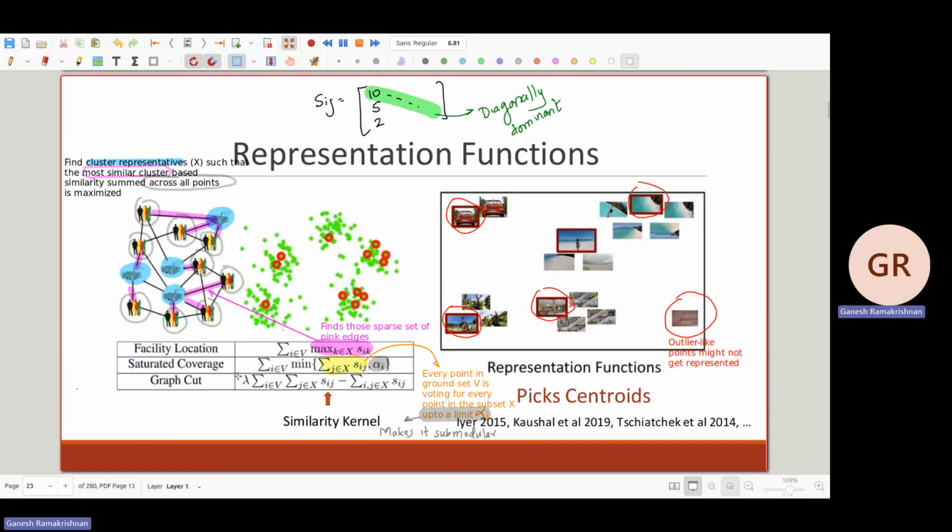But there's a lambda. You're not just subtracting, otherwise all the self similarity would be gone. The lambda governs whether it is submodular or not.